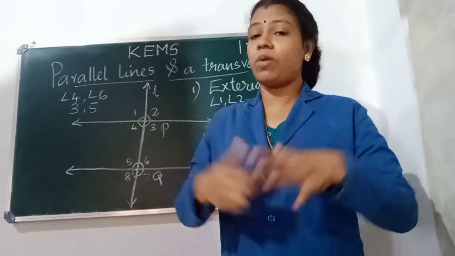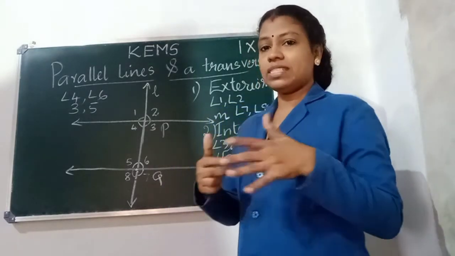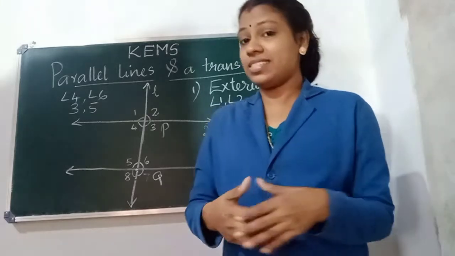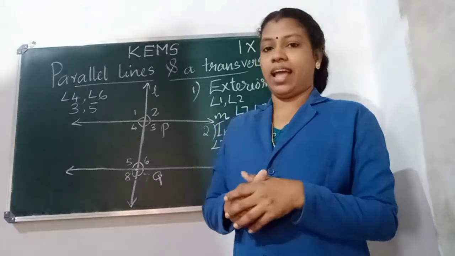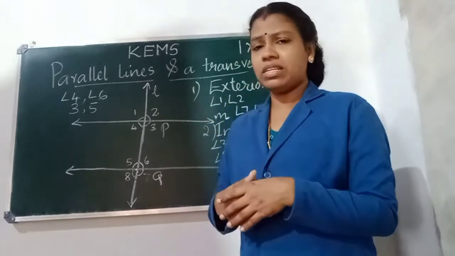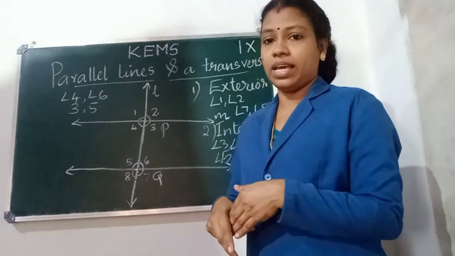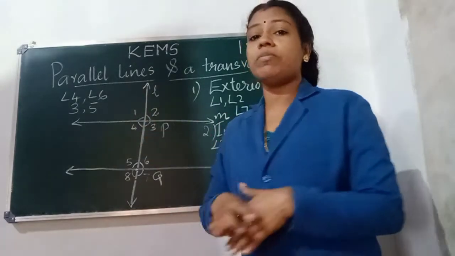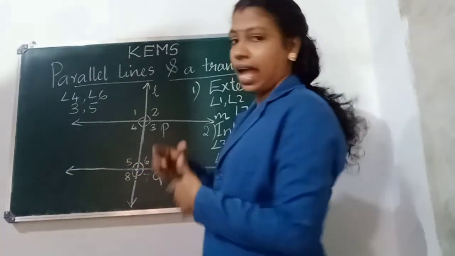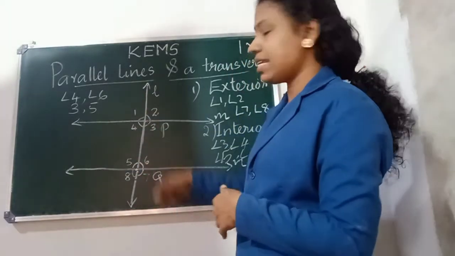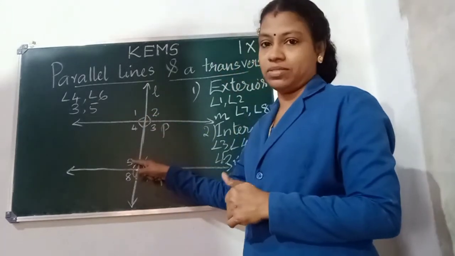Now, one more group is here. What is that? Yes, it is corresponding angles. Corresponding means the same position. Which are the corresponding angles here? Angle 1 and 5 are a pair.